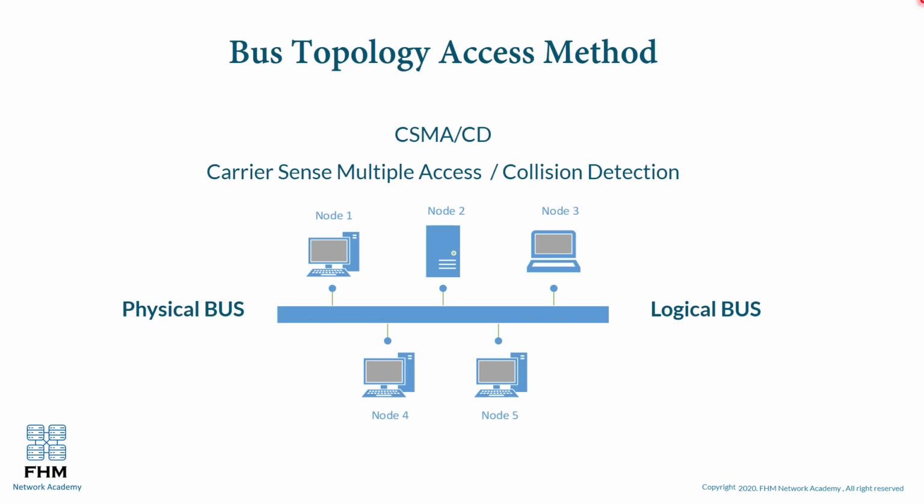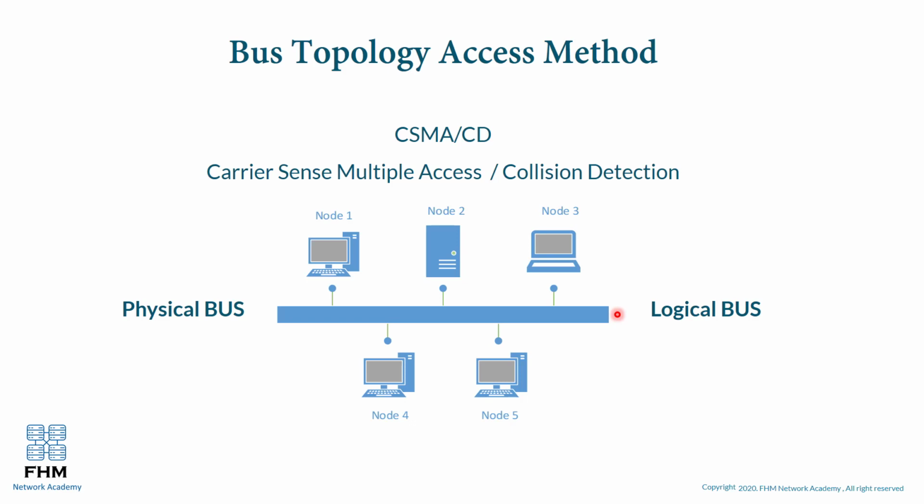When you take a look at the image and the physical layout of this network, it is easy to understand why we need this access method. As you know, we have a shared bus, and whatever, for example, node 1 sends to the media, all other nodes receive. So each node, before sending any signal to the media, should examine the media to ensure whether it is clean or not.